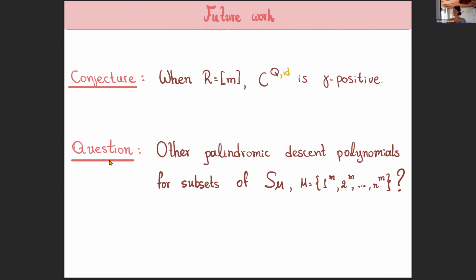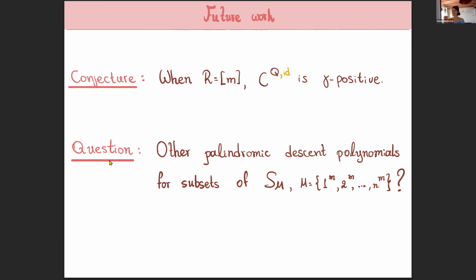And lastly, one may wonder, since in this talk we have fixed a permutation sigma and then looked at all linear extensions of the poset with this fixed permutation, what happens when you fix instead a linear extension and range over permutations?